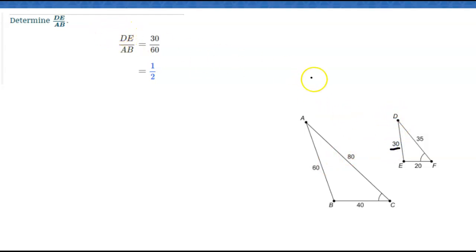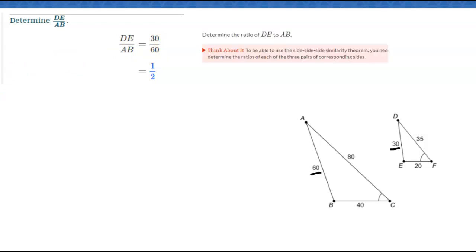When we set up the proportion, we see that DE corresponds with AB. So we would say DE over AB, which is 30 divided by 60, or 1/2. Now we're going to determine the ratio of EF to BC. EF divided by BC is 20 divided by 40, which is also 1/2.